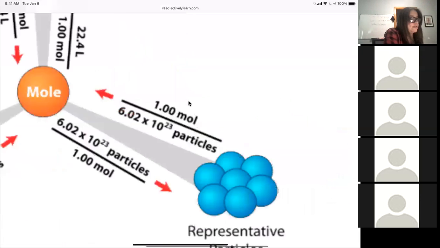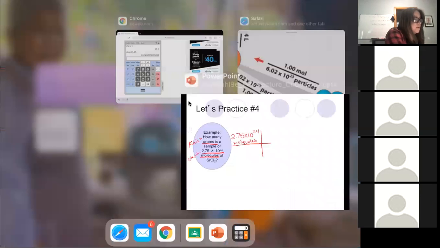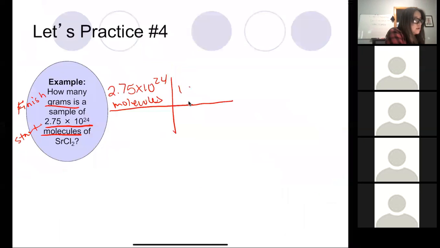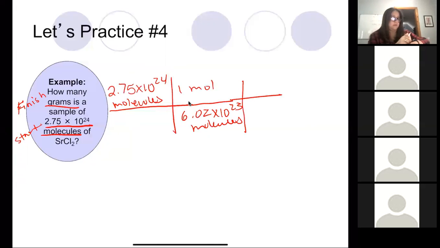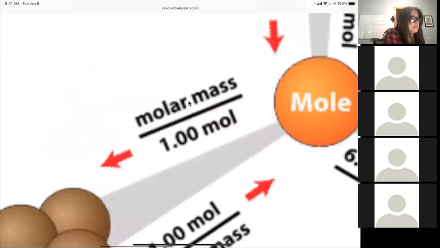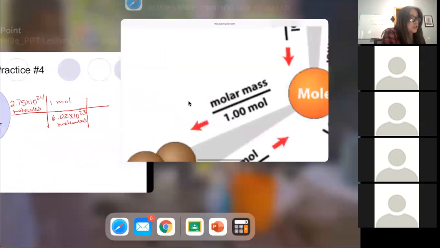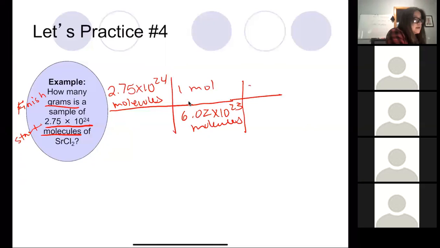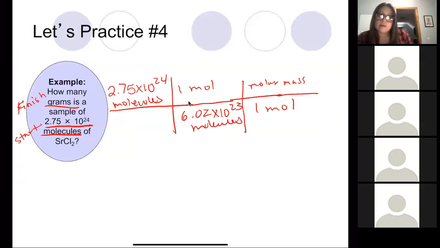We are using this top fraction first, 1 mole over 6.02 times 10 to the 23 molecules. And then we're moving from moles to mass. Then we're using this other top fraction, which is molar mass over 1 mole.